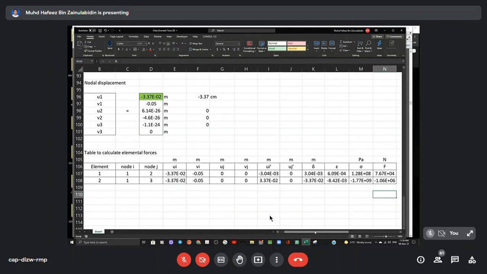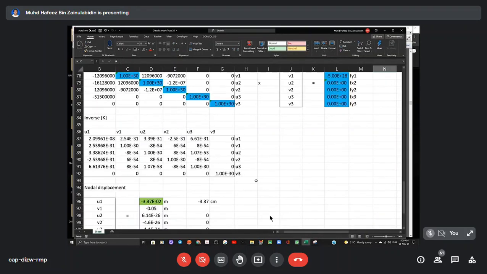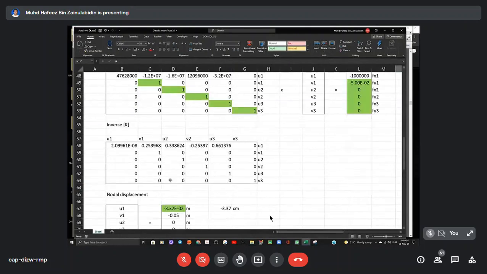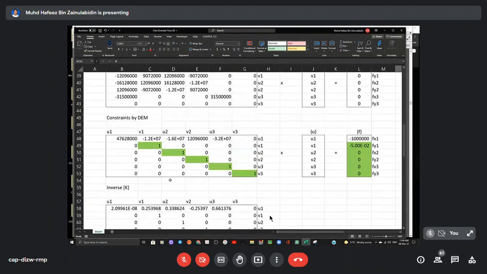Direct elimination method? Constraints by DEM. By direct elimination method. In the table, the 0 1 0 0 for the V1 U2. Okay.